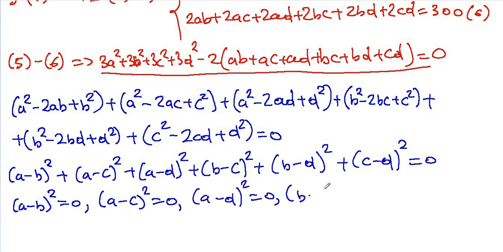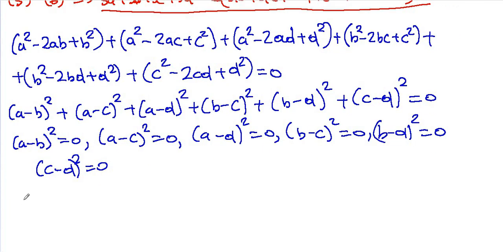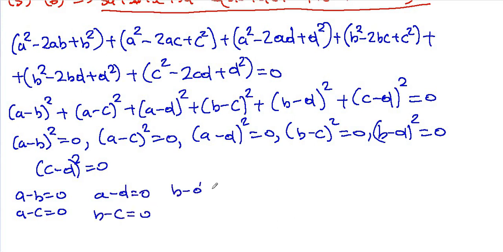So we get the following equations: a - b = 0, a - c = 0, a - d = 0, b - c = 0, b - d = 0, and c - d = 0.